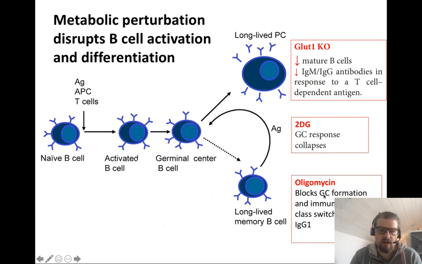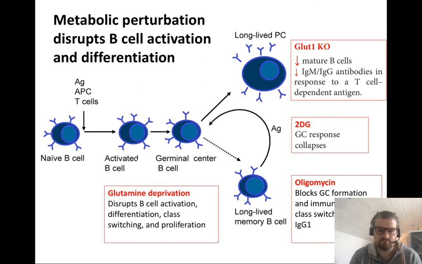Similarly, if you add oligomycin, which inhibits respiration, or oxphos, you can't form a germinal center, and you have a failure of class switching to IgG1. So there is very clear, emerging evidence, and more is coming out day by day, that metabolism is also important for B cell differentiation and function.